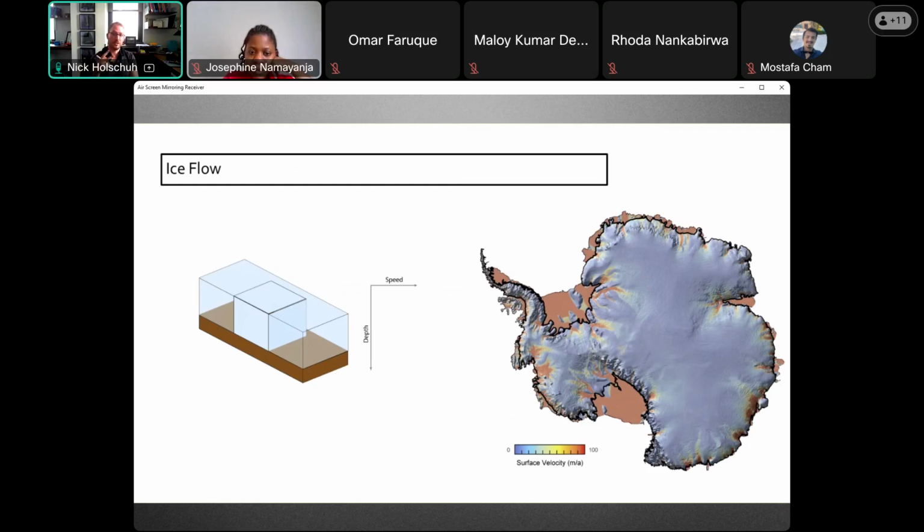That motion is accommodated by two physical processes. Again, if this is our little three-dimensional model of a glacier, and let's say it's flowing from right to left, some of the motion of ice is accommodated by what I would call viscous flow, deformation within the ice sheet. I talked about the propagation of defects through a crystal.